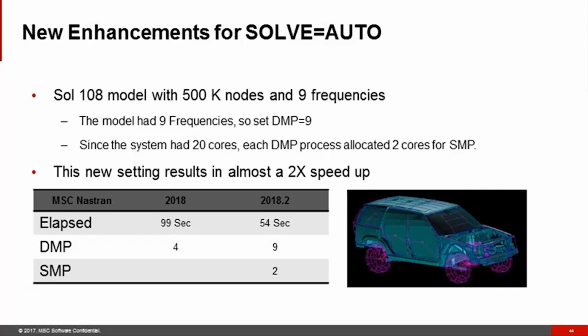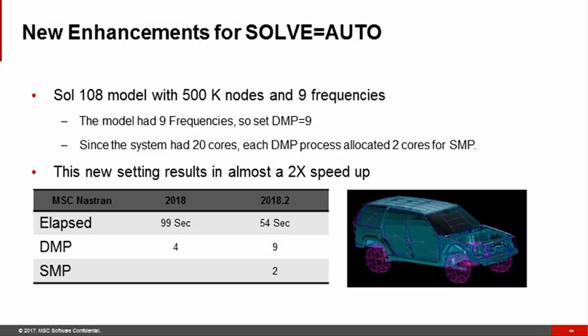Here you can see some examples of how solve equal auto improves the performance of solution 108 models. Here we have a model with 500K nodes and 9 frequencies. It tries to pick the minimum between the number of frequencies, the number of CPU cores you have, and the memory ratio. So in this case, it used 9 DMPs for you.